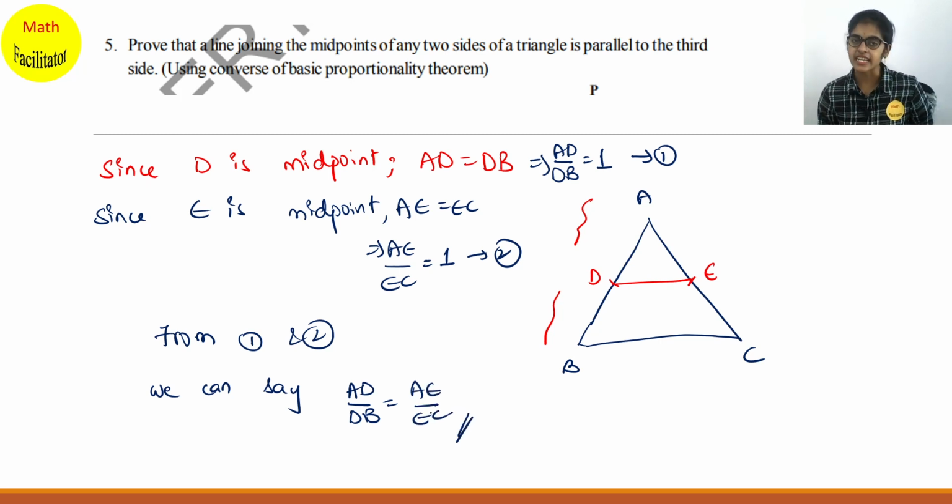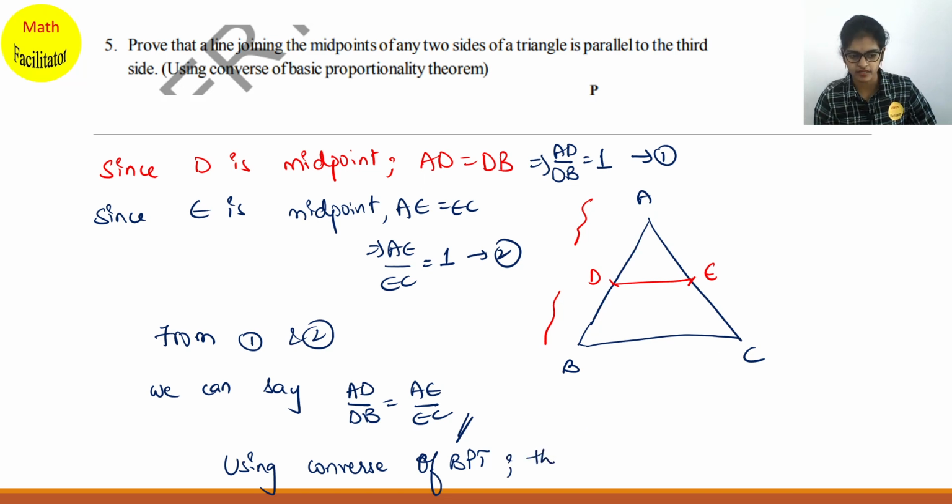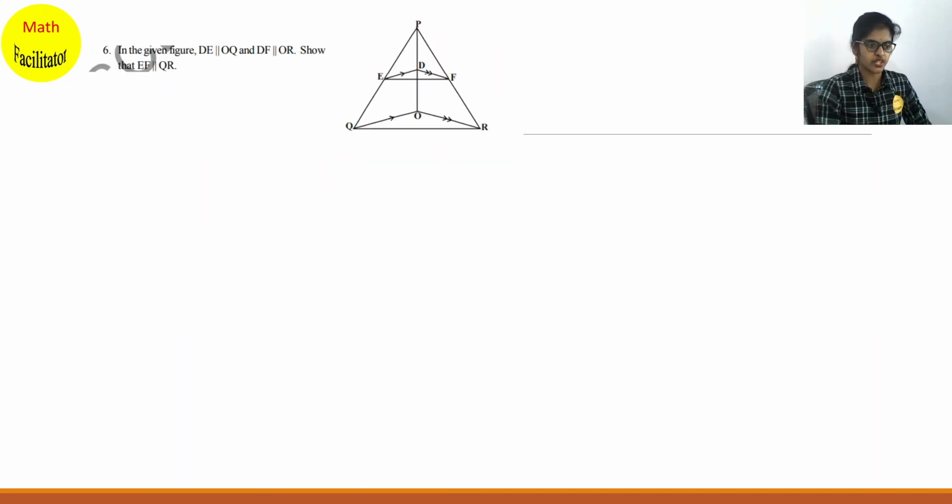When the ratio is equal, using converse of BPT. What is converse of BPT? When this line is dividing the other two sides in the same ratio, then DE, the line, is parallel to the third side. Clear? That is what they gave you in the question also. Use converse of BPT.